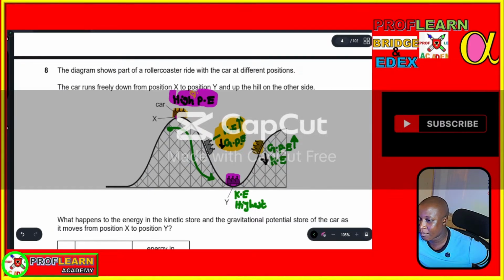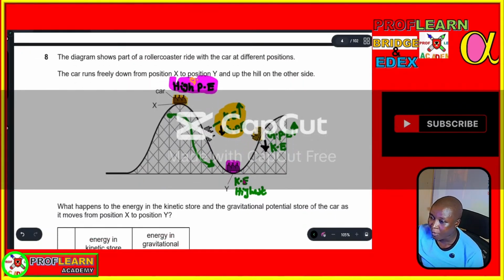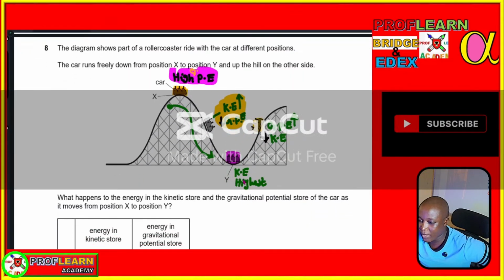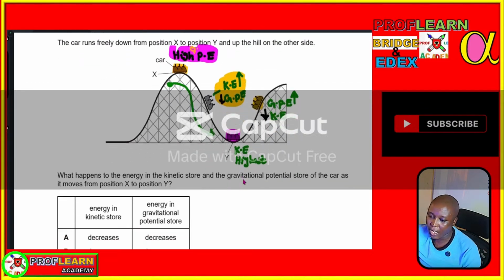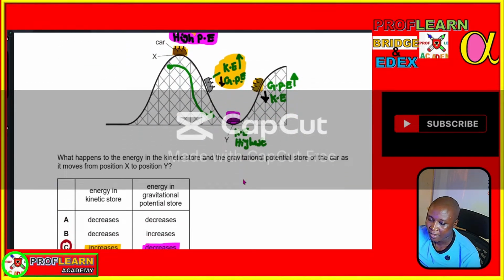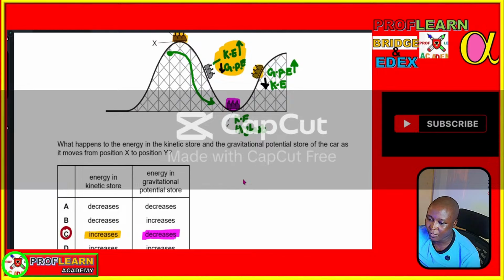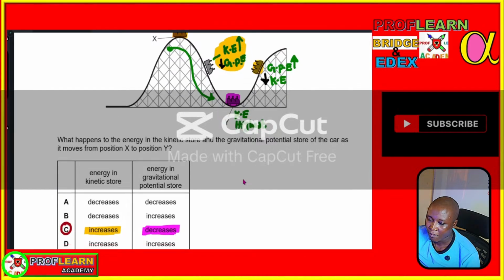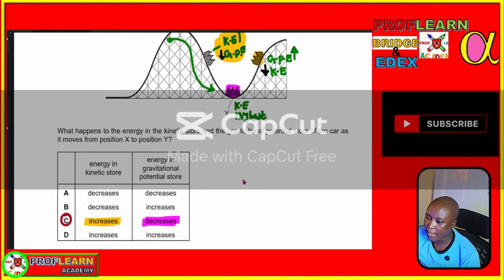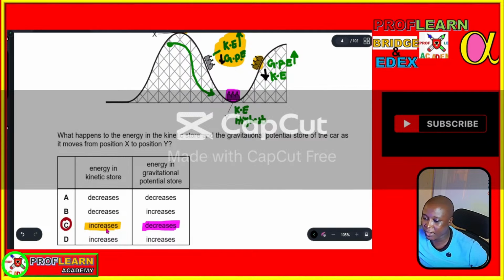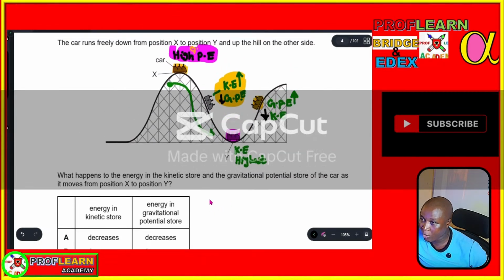As the car moves down, potential energy will be decreasing as kinetic energy is increasing. So at point X, we have kinetic energy there. As it's moving down from X to Y, kinetic energy will be increasing as gravitational potential energy will be decreasing, because at this point we have the highest gravitational potential energy.